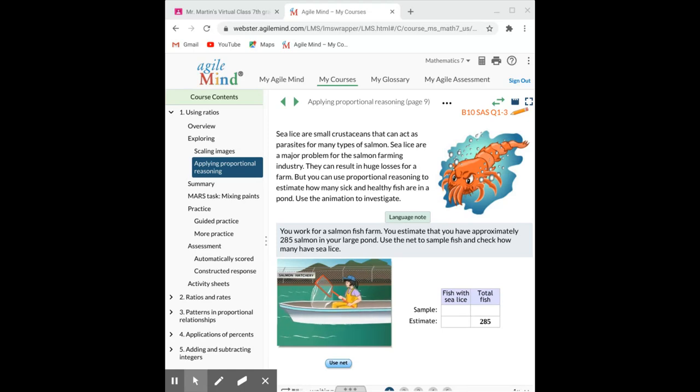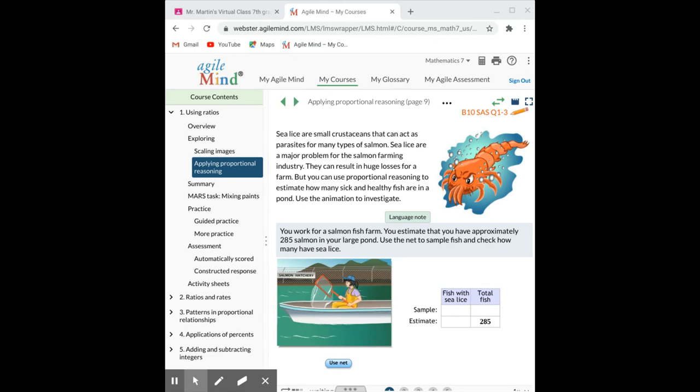Sea lice are small crustaceans that can act as parasites for many types of salmon.